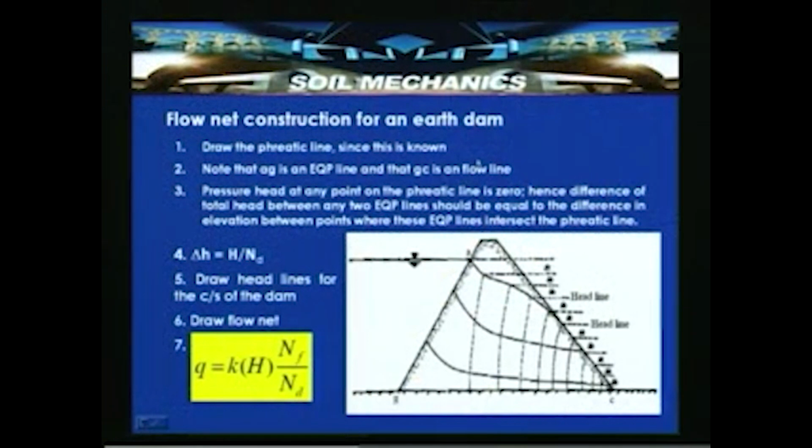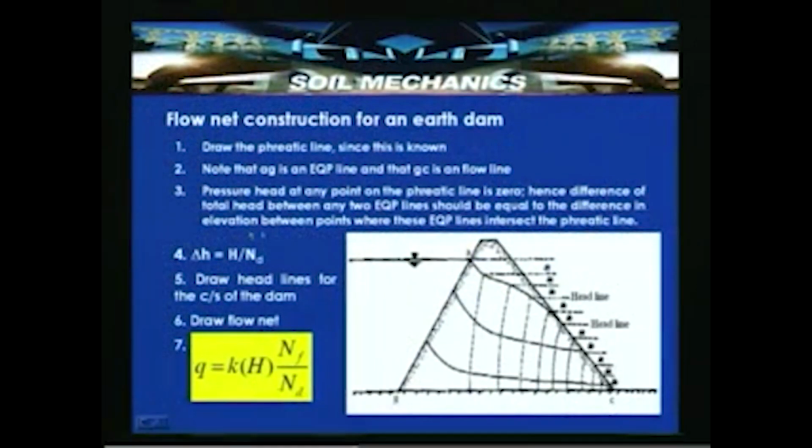So, it is easy to construct a flow net in the case of flow of water through unconfined seepage conditions, an example of which is earthen dams. In this case, draw the phreatic line, since this is known to us by the constructions and methodologies which are discussed, and here we should note that AG is an equipotential line. Suppose there is a tailwater level here, then this again happens to be an equipotential line, and the pressure head at any point on the phreatic line is 0, hence the difference of the total head at any two equipotential lines should be equal to the difference in elevation between where these equipotential lines intersect the phreatic line.